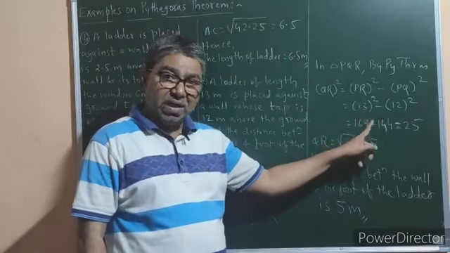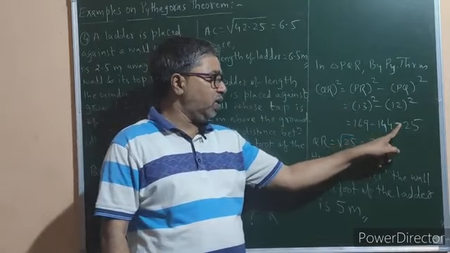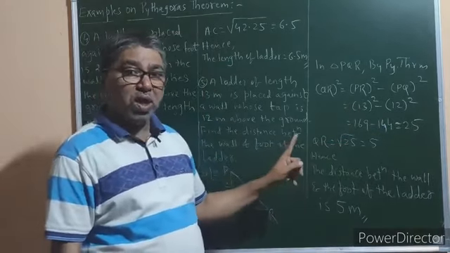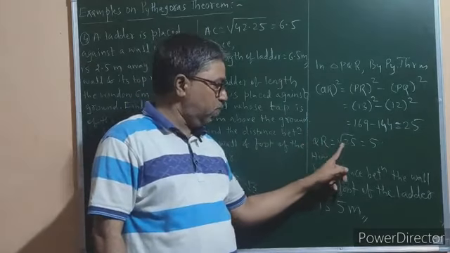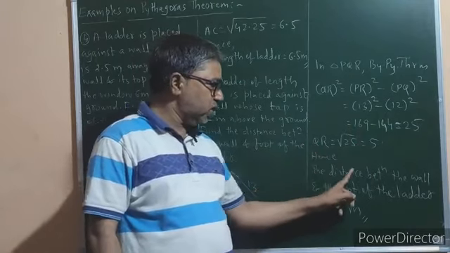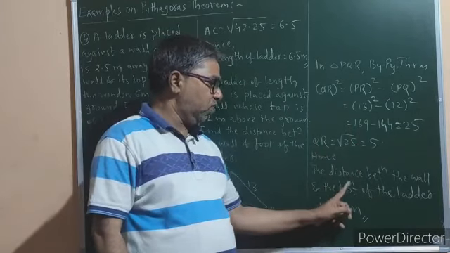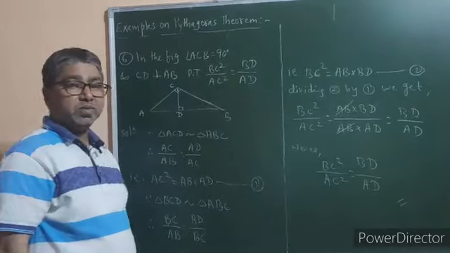If you subtract 144 from 169, you are getting 25. 25 is the square of 5. Hence QR is equal to square root of 25, equals 5. Hence the distance between the wall and foot of the ladder is 5 meters.